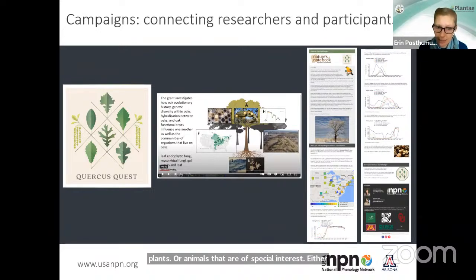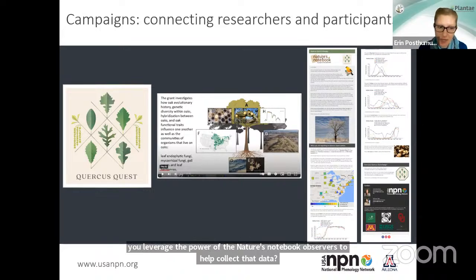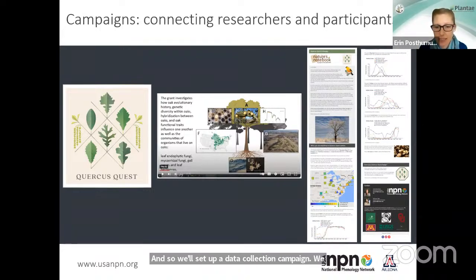So we'll have scientists that approach us and say, I really want data on this suite of 10 species across the eastern part of the country. Can you leverage the power of the Nature's Notebook observers to help collect that data? And so we'll set up a data collection campaign. We advertise it to all of our participants.